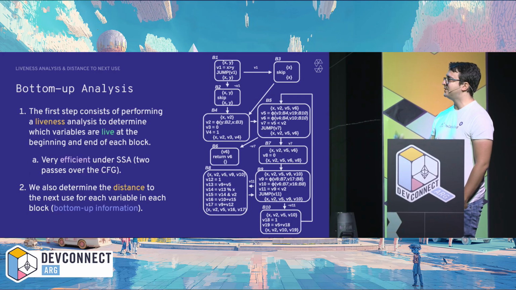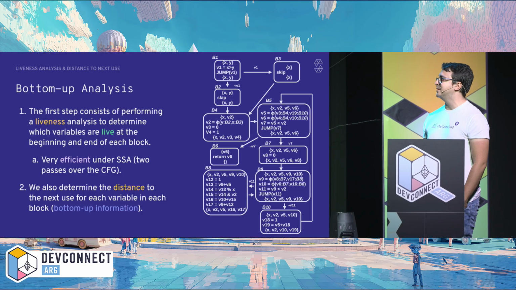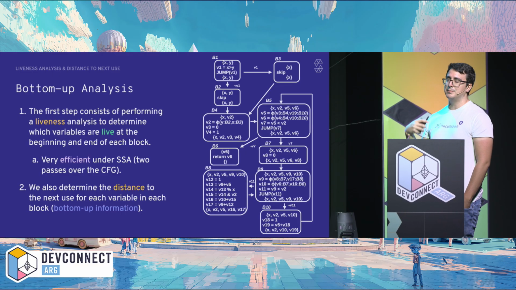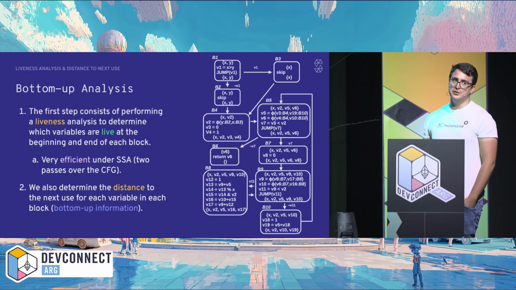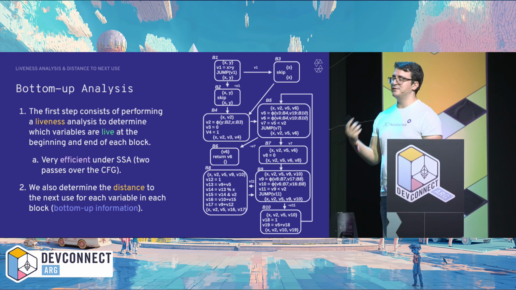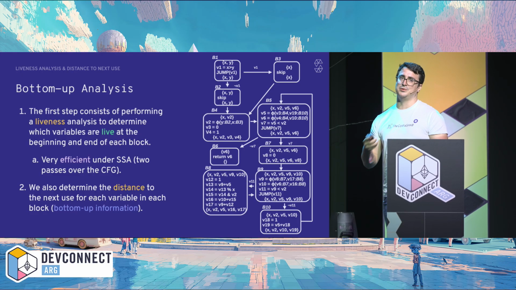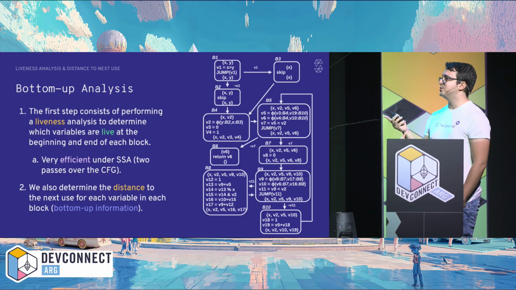So again, the first step is to compute the liveness analysis. This is some kind of bottom-up analysis. And the good news is that doing this analysis under SSA form is very efficient. In fact, if you do it in a non-SSA form, it is a fixed point analysis, which you can iterate a lot. But here, you can do it in two passes over the control flow graph.